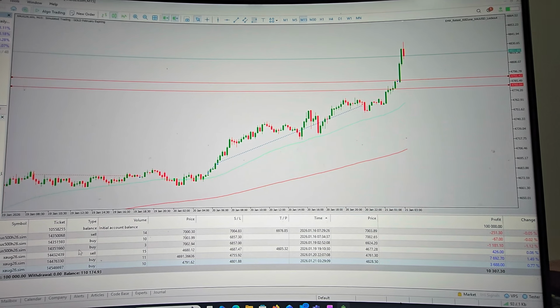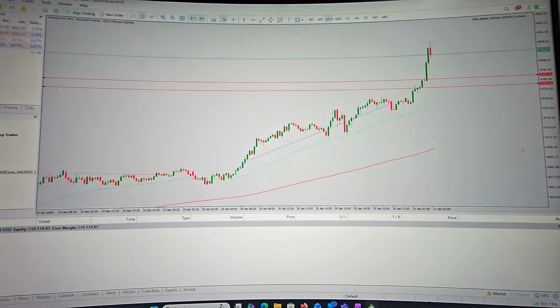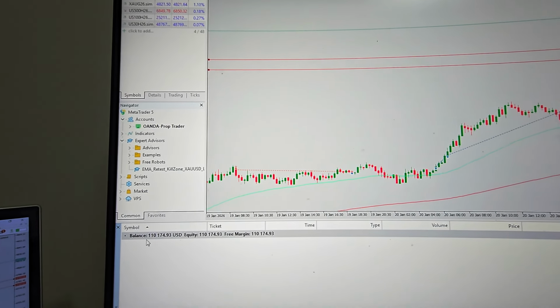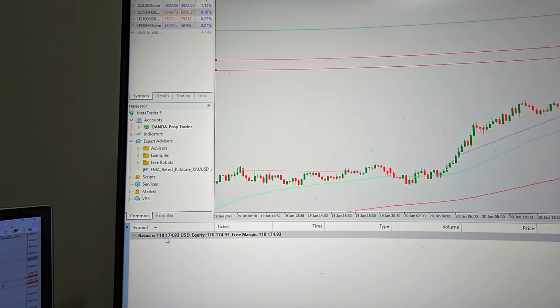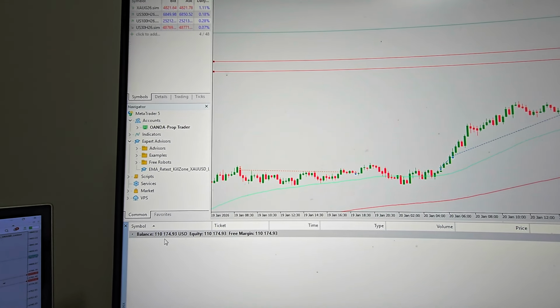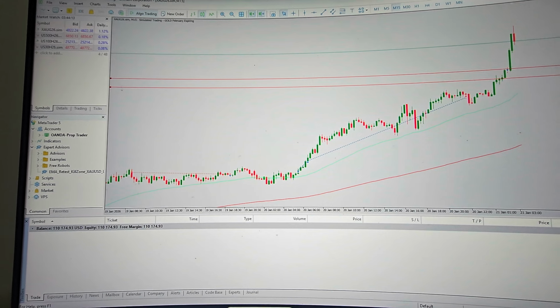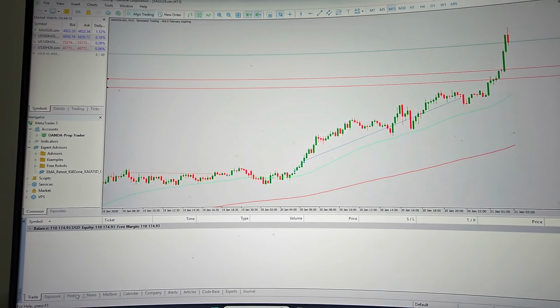And now our balance, our equity, we can go there. Our equity is $110,174. So we've successfully completed phase 1 of the FTMO challenge. And if I close it now, how many trades did we take?